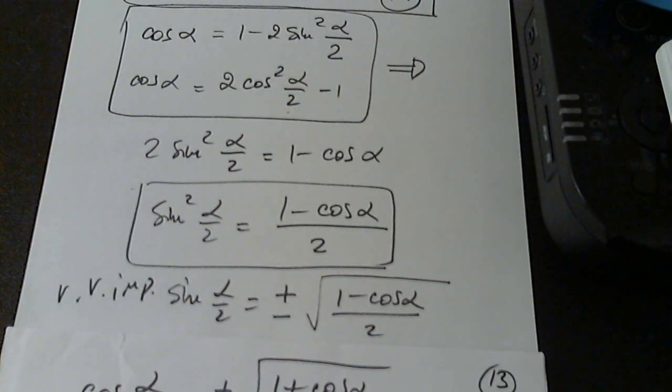So let's see what we want to work with. Let's choose from sine alpha over 2, cosine alpha over 2, tangent alpha over 2. Which one would you like to work on?